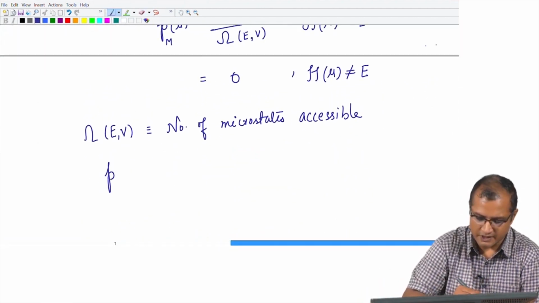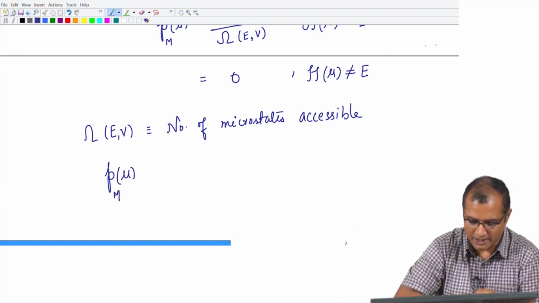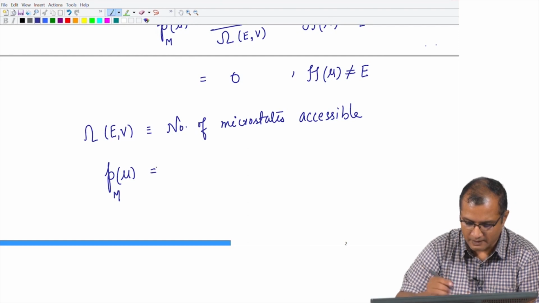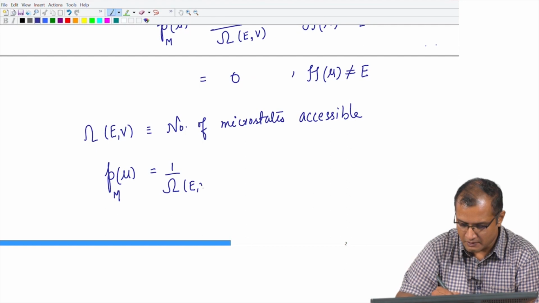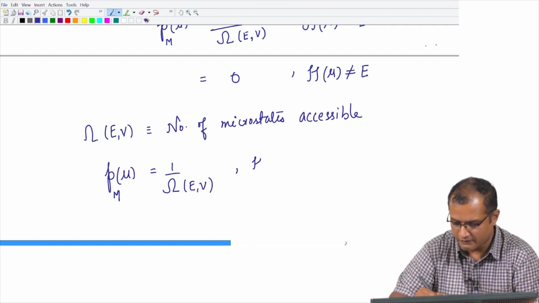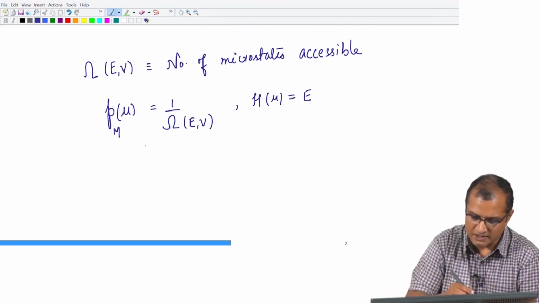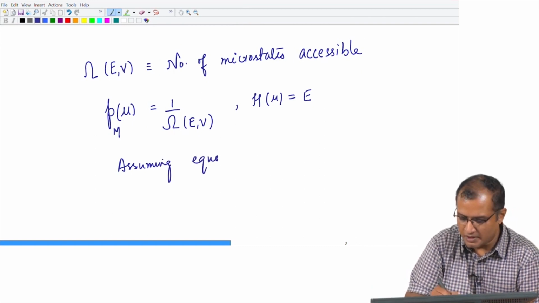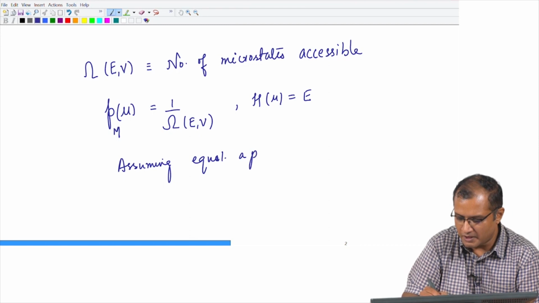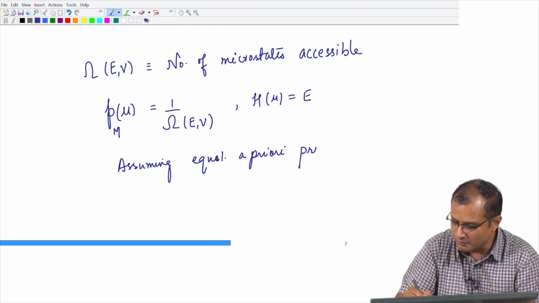The fact that I have taken the probability of any microstate corresponding to a macrostate M as 1 upon omega if H(mu) is E, this means that I am assuming equal a priori probability distribution.